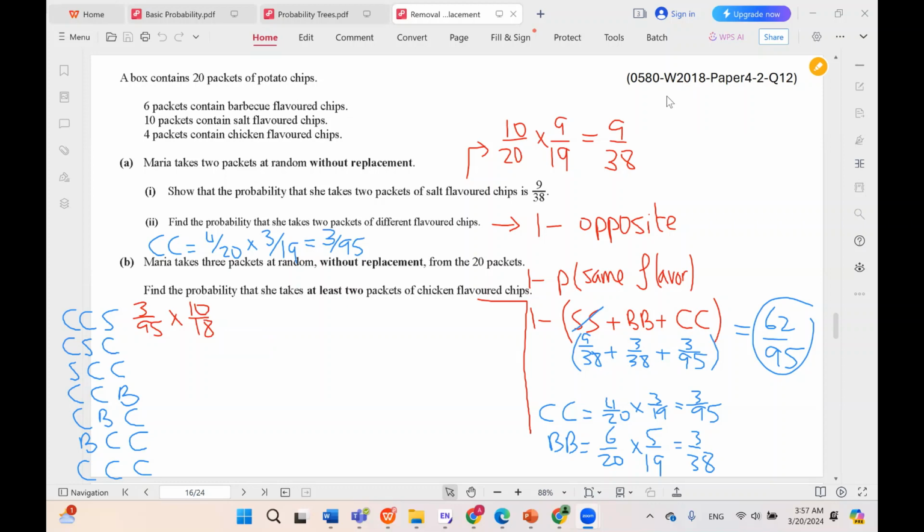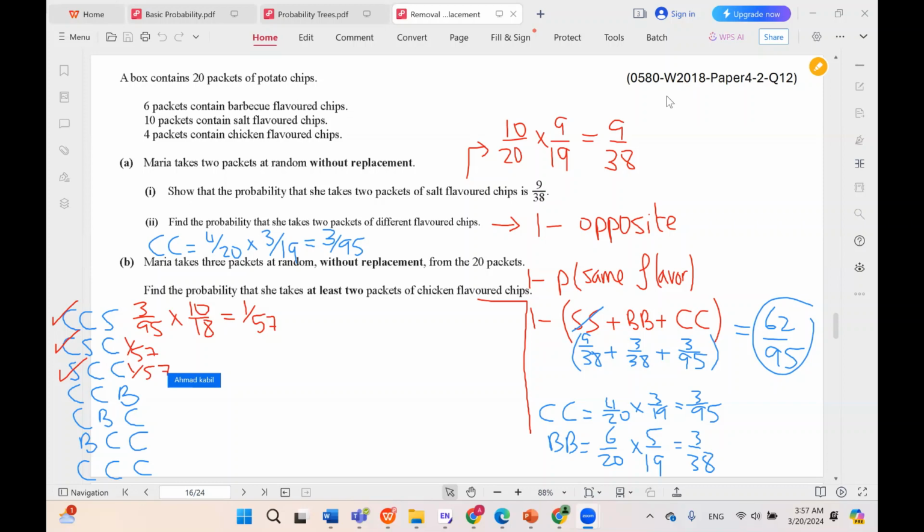And then this value here would be 30 divided by 95 times 18, which is 1/57. Now, this is the probability of CCS. It's also the probability of CSC and SCC, because the order will not affect the probability. So this is also 1/57, and this is also 1/57.